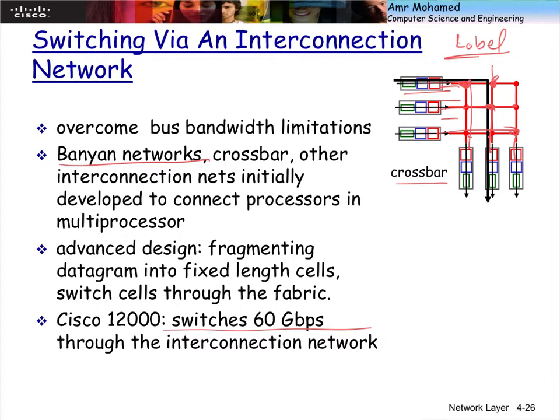So in order to facilitate this and also make the speed very fast, they have opted to use fixed cell length. The reason is that if you have variable size packets, the switching for each packet will take a different time. For a packet to go from here to here, you take a different time depending on the length, right?